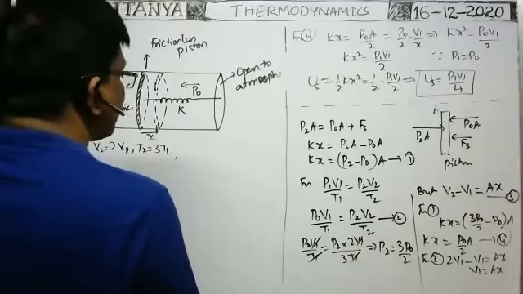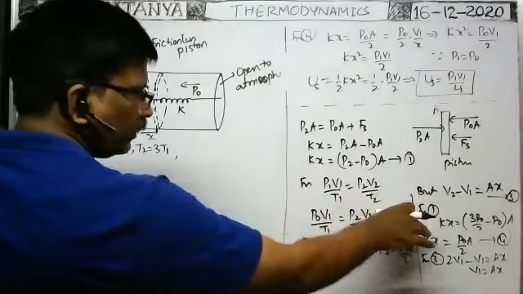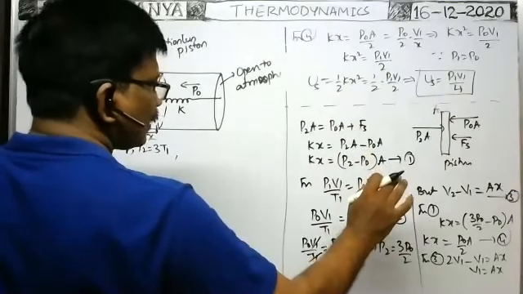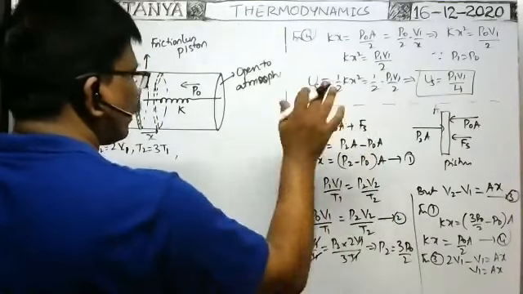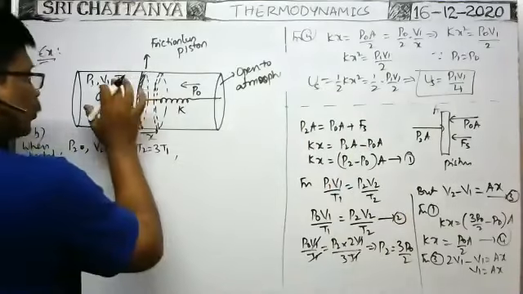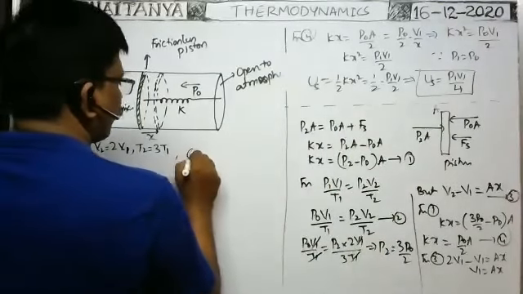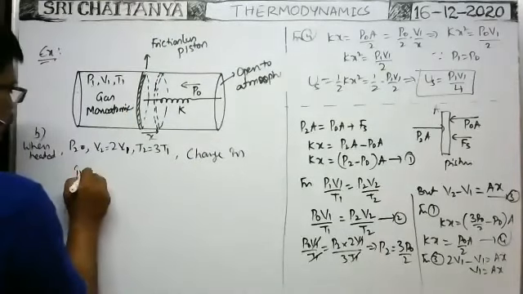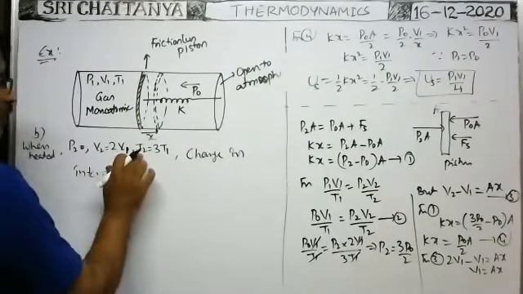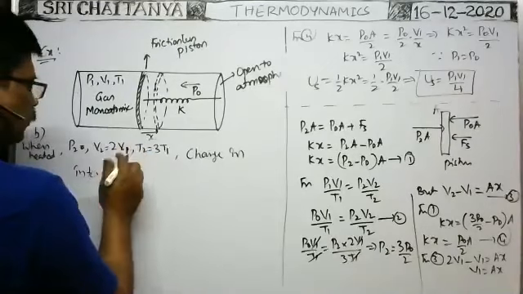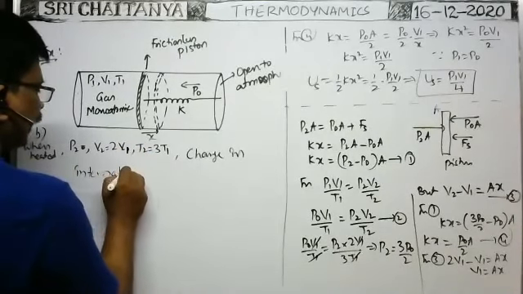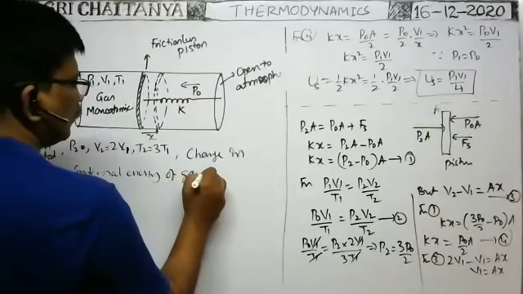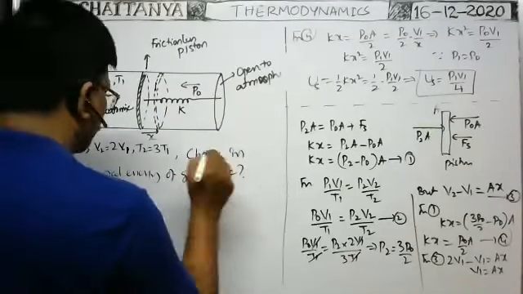Then find the change in internal energy of the gas. In part A, we calculated the potential energy stored in the spring. Now they ask for the change in internal energy of the gas, because the temperature changes from T1 to T2. Then the change in internal energy of the gas, dU, is equal to question mark.